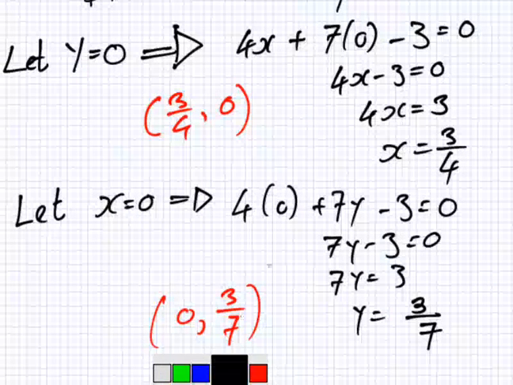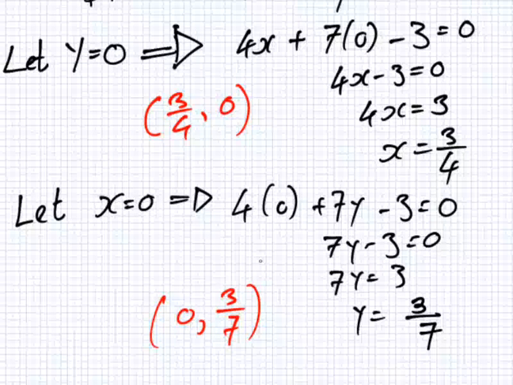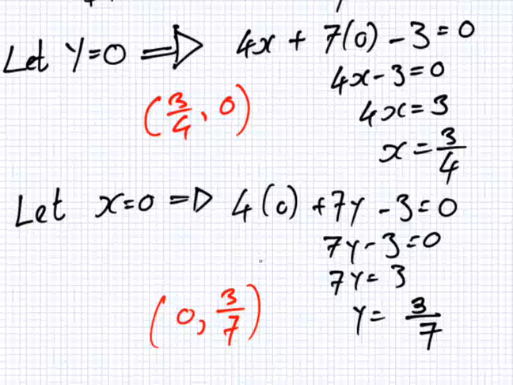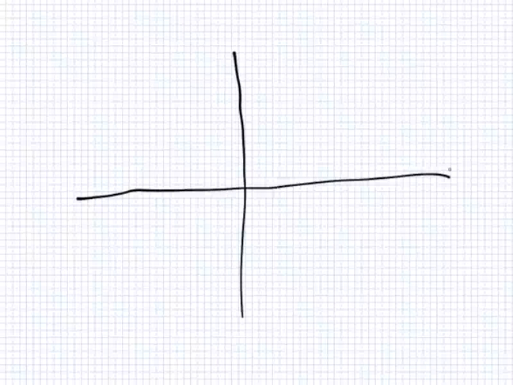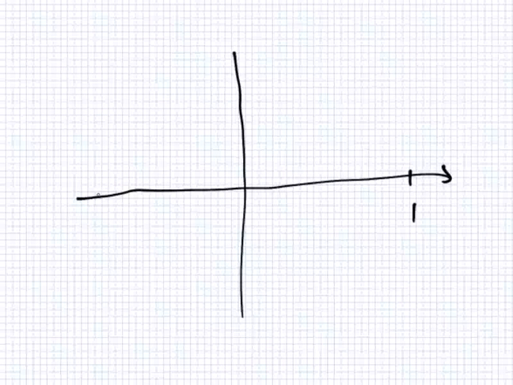Okay, so the first one, when the m and c are both positive, does anyone know which way the line will be shaped? Going up? Yeah.